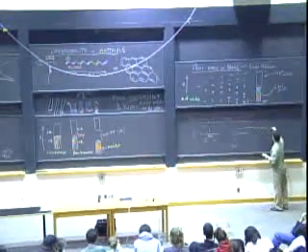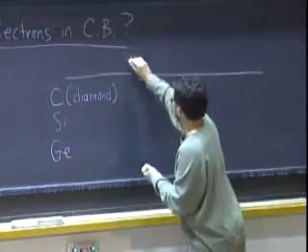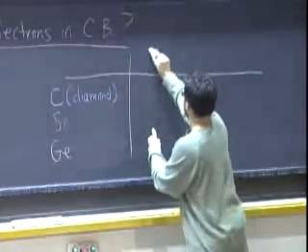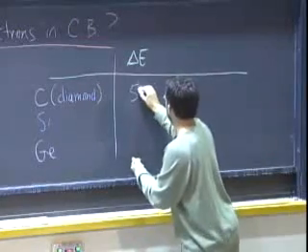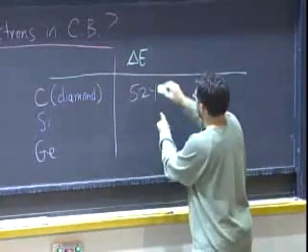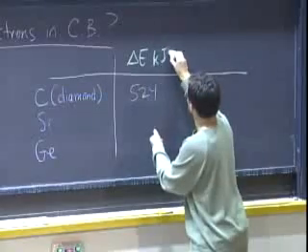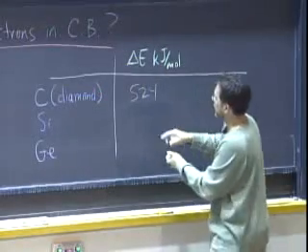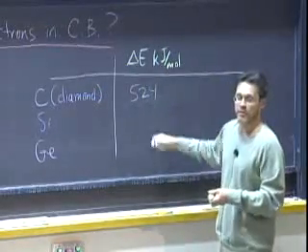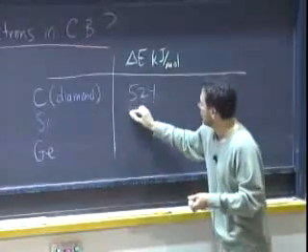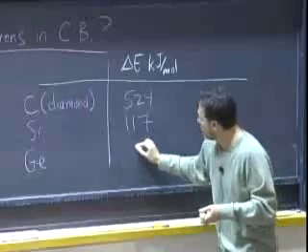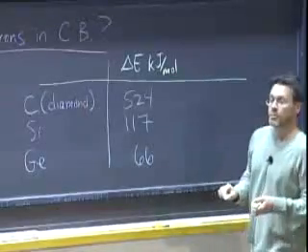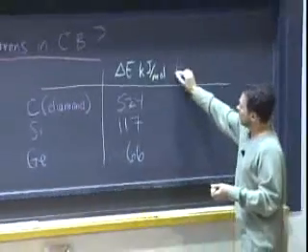And completing this table, we can write down delta E in kilojoules per mole. The gap for diamond is 524 kilojoules per mole. For silicon, 117 kilojoules per mole. And for germanium, 66 kilojoules per mole. Okay?